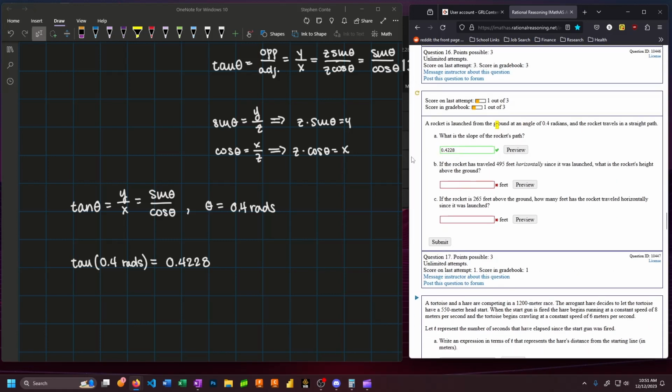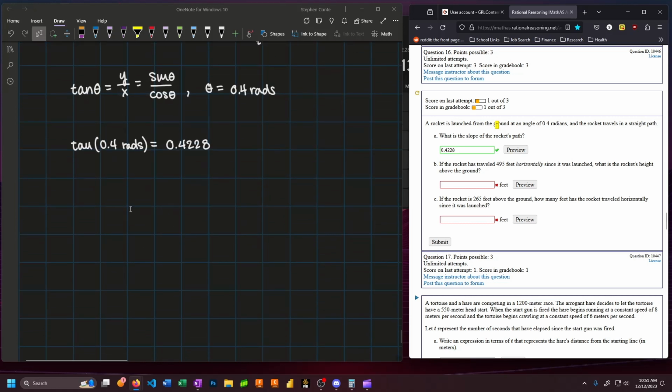Okay. If the rocket has traveled 495 feet horizontally since it was launched, what is the rocket's height above the ground? Well, we know that y over x is equal to 0.4228. So the slope is this.